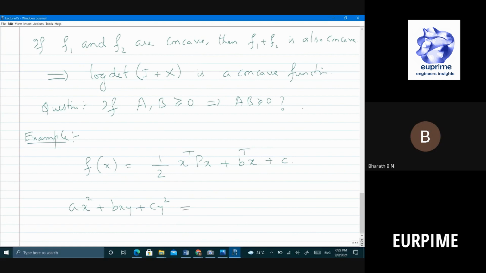I can write this in a different way, right? Something times xy. Do you agree? Now I can fill in some numbers here so that when I take the product, I'll get this. Again, it's a homework problem: you should figure out what numbers I have to fill in. How do you do that?